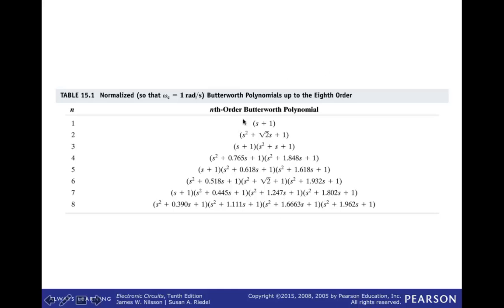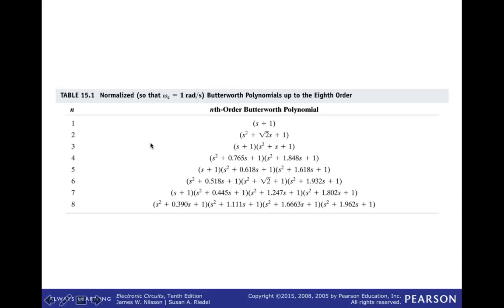So notice the polynomial changes for the order. A couple things to notice. First of all, notice when n is odd, this s plus 1 term always appears. So if you have an odd filter order, one of the stages of your circuit is going to have the transfer function 1 over s plus 1, which is a normal low-pass RC circuit.